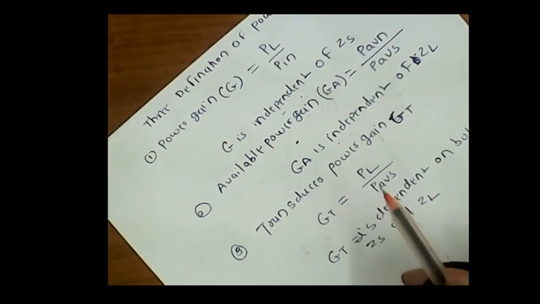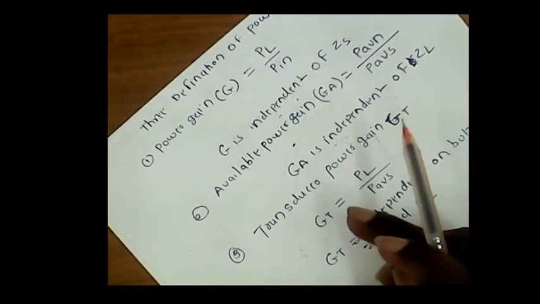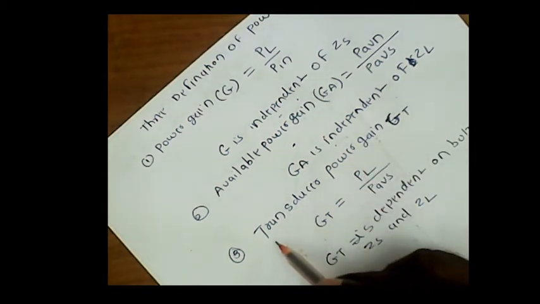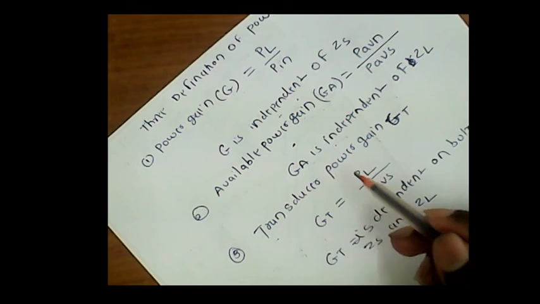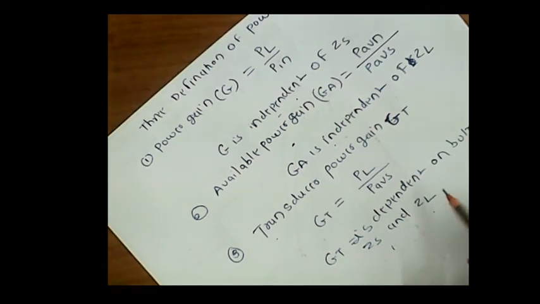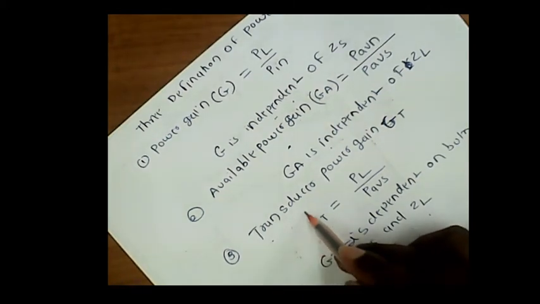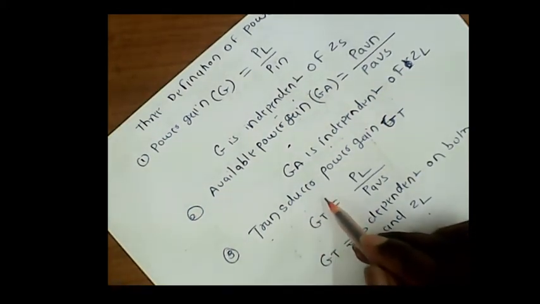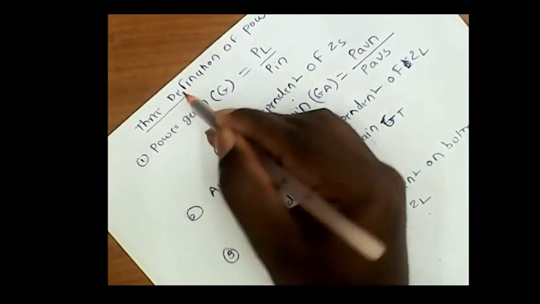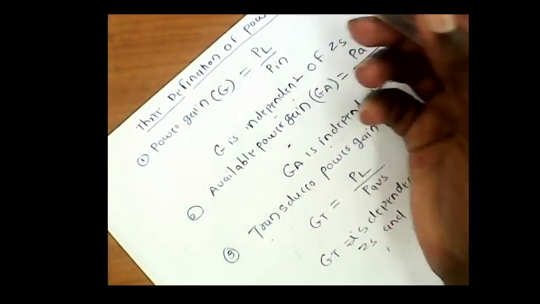If we calculate the effect of both source impedance and load impedance, then we must consider the transducer power gain, because it is dependent on both quantities. So this is very important in microwave amplifier design. These are the three important definitions of the power gain.